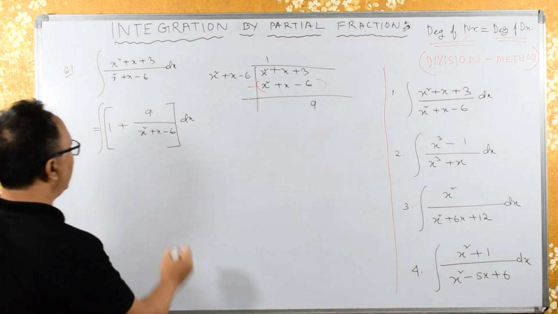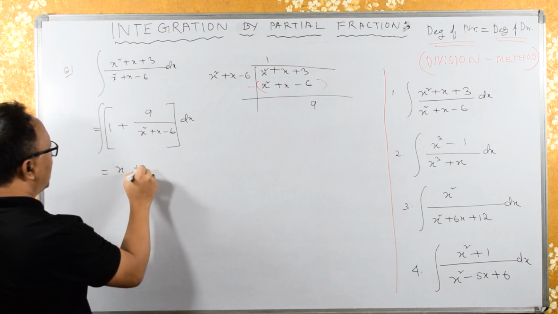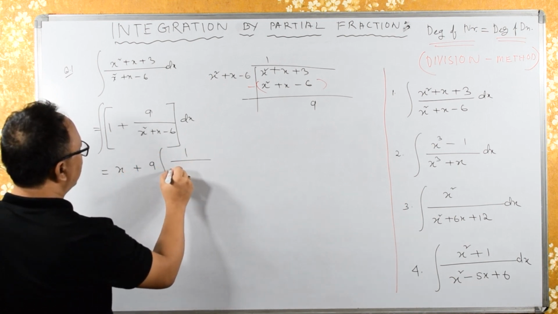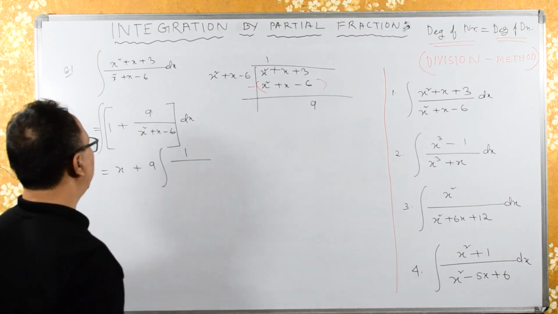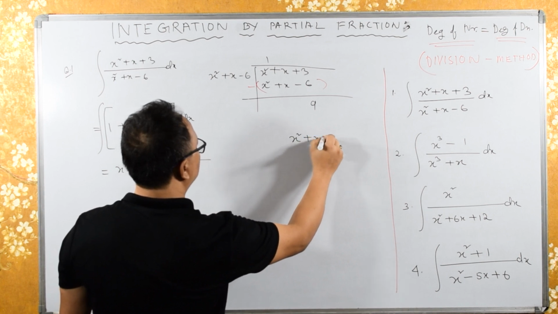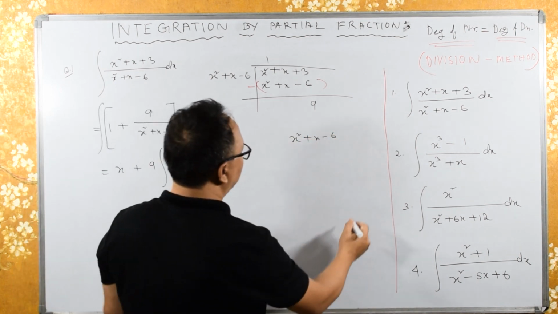Now separating the integral of dx, we have x, plus 9 outside, the integral of 1 upon x square plus x minus 6. Now, can you get something here?